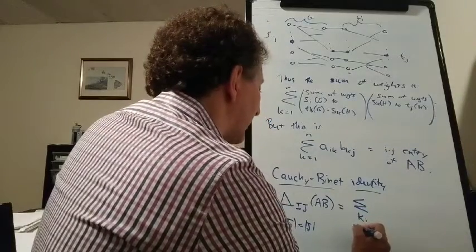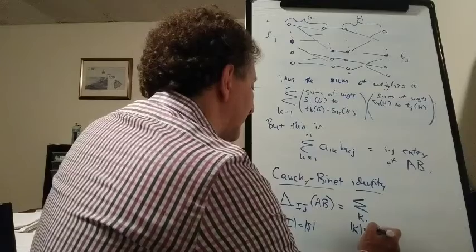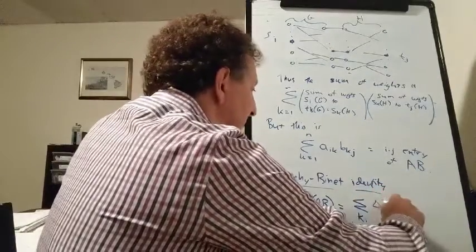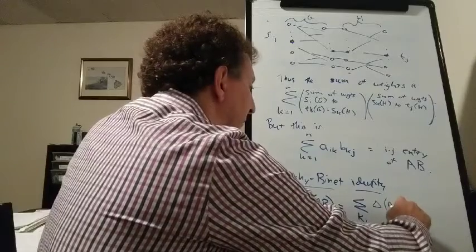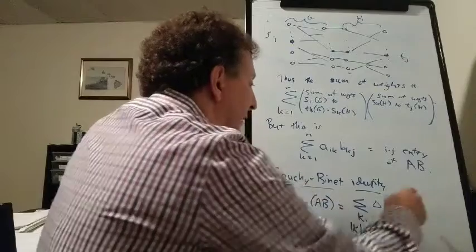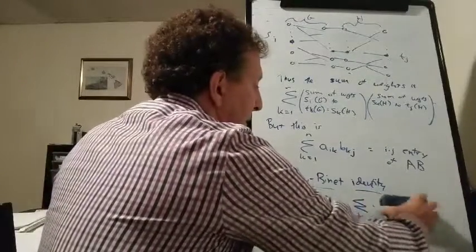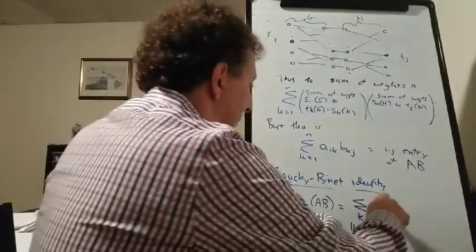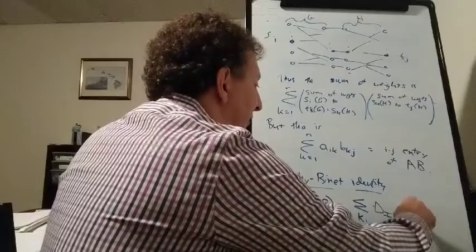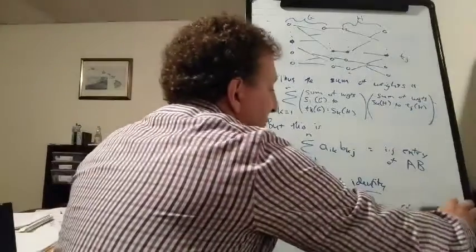So a sum over all subsets K such that K has the right number of elements in it. We have the IK minor of A times the KJ minor of B.